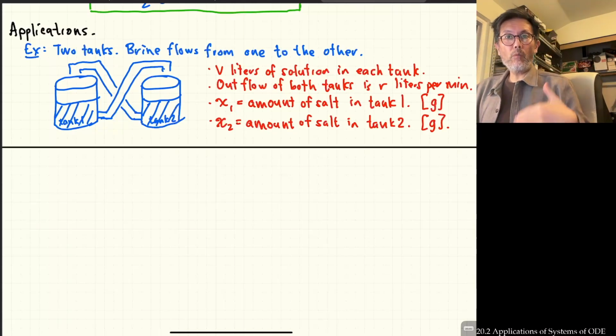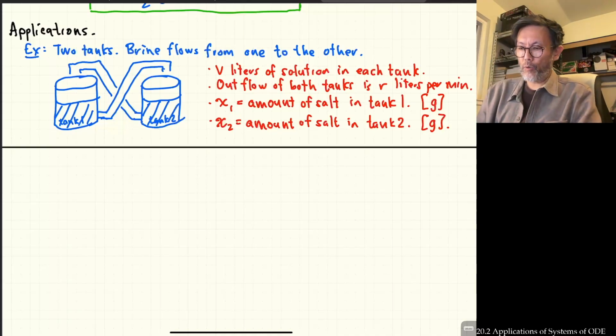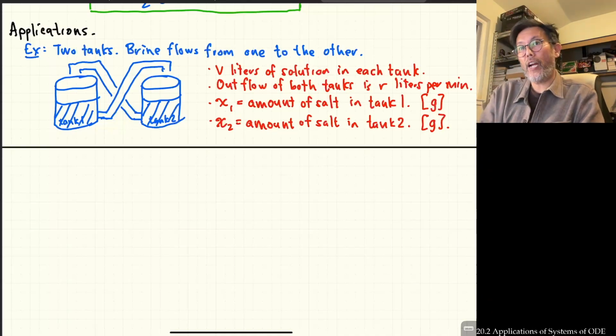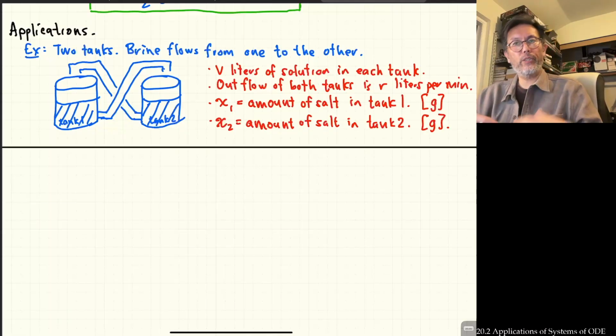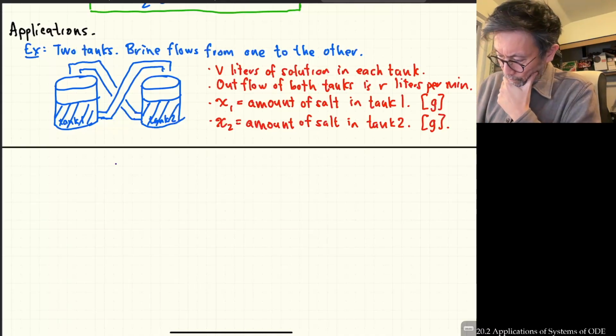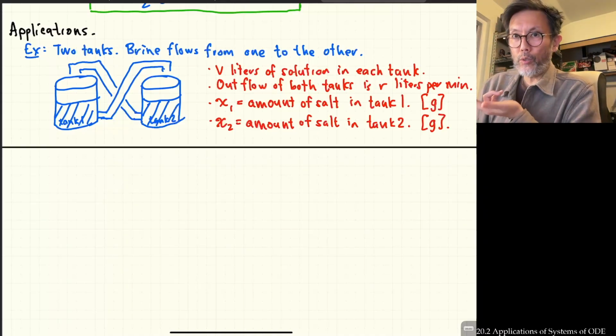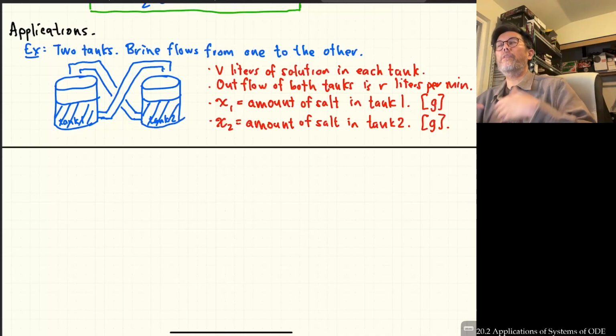Okay, then what we want to do now is set up a differential equation or a system of differential equations for x1 and x2. x1 and x2 are our dependent variables. Our independent variable here is going to be time. So we want to think about what x1 prime and x2 prime are. So as usual, we'll use the idea that is very often used in these mixing problems.